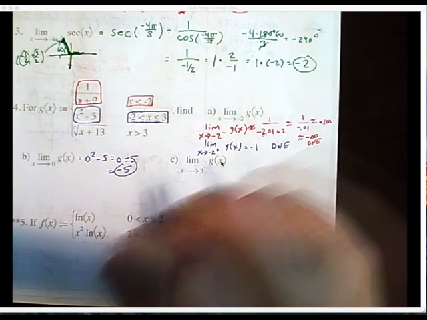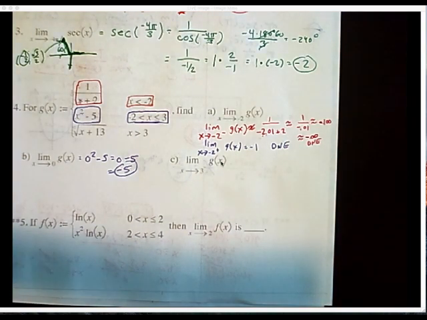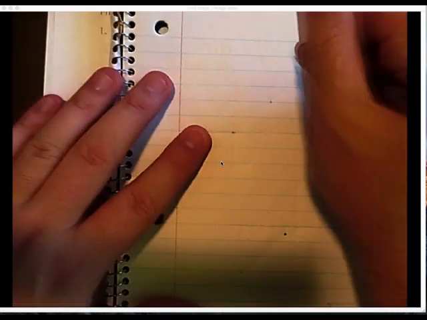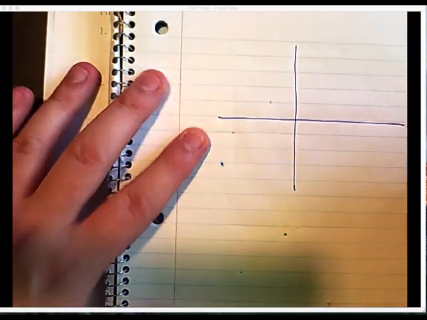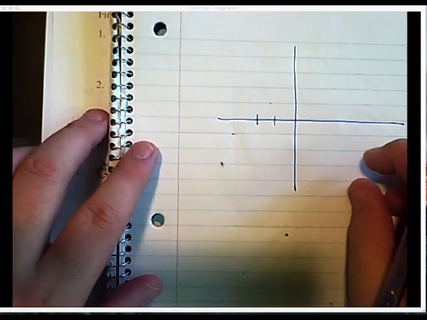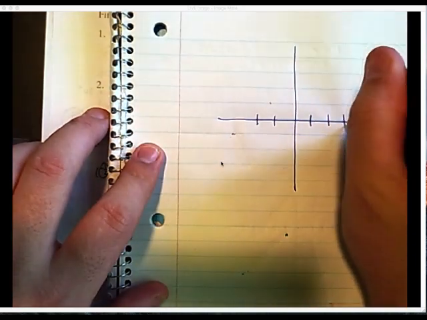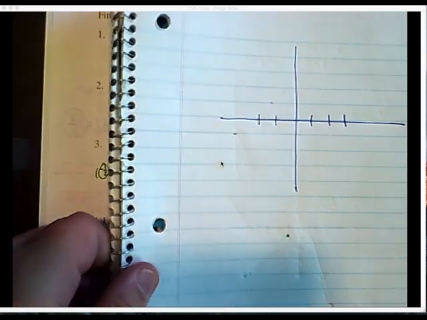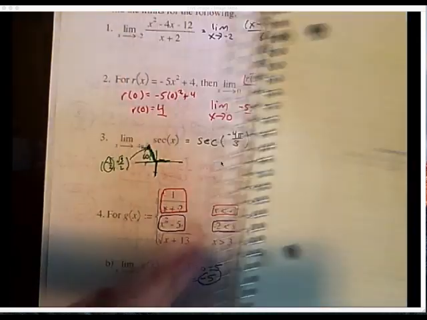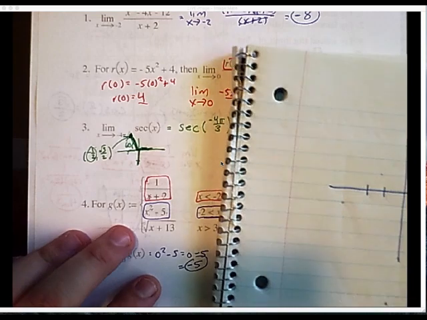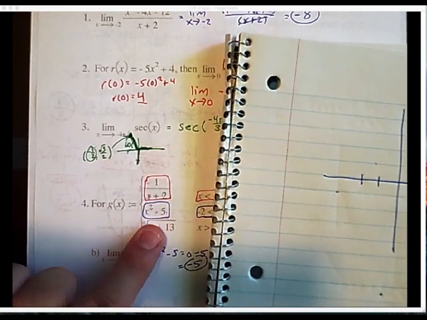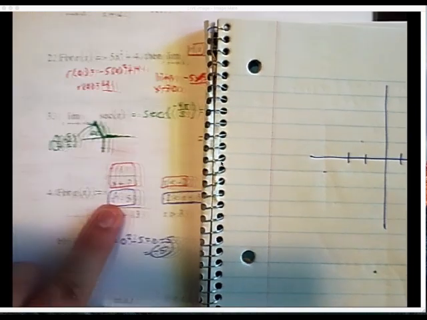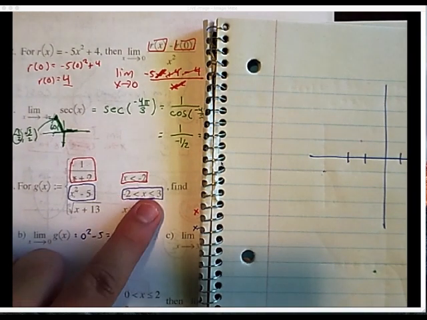Now that's kind of hard to see. It's kind of hard to understand. So let's look at a graph of this piecewise function. Let's kind of think about this real quick. Let's look at this one. X squared minus 5, but that's only good between negative 2 and positive 3.